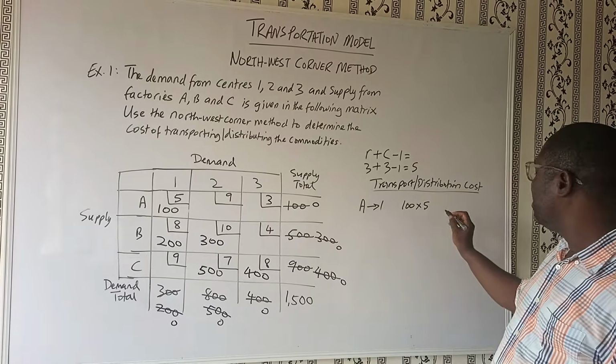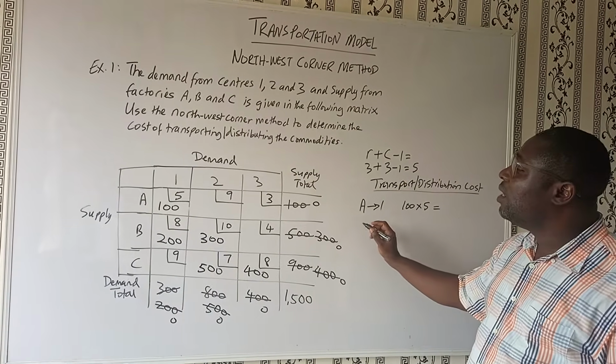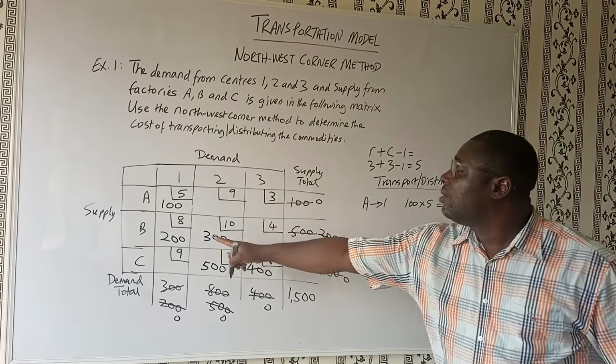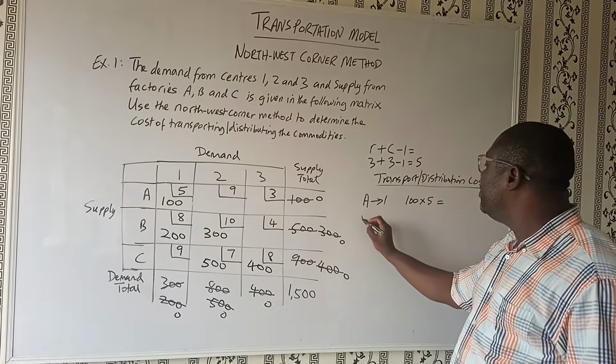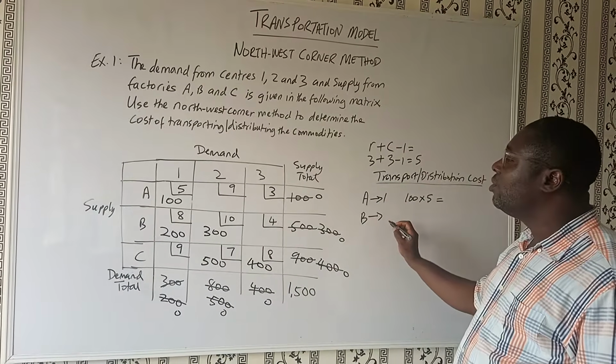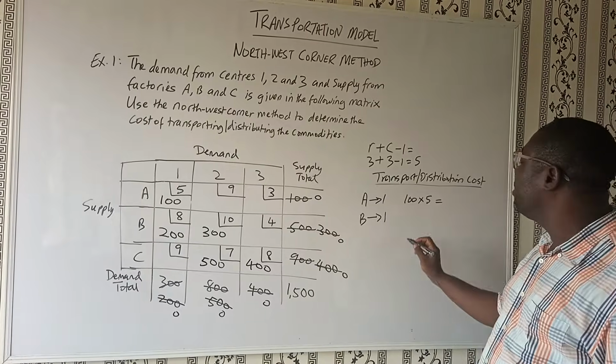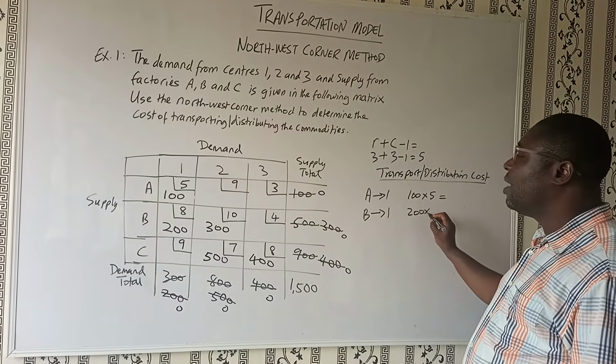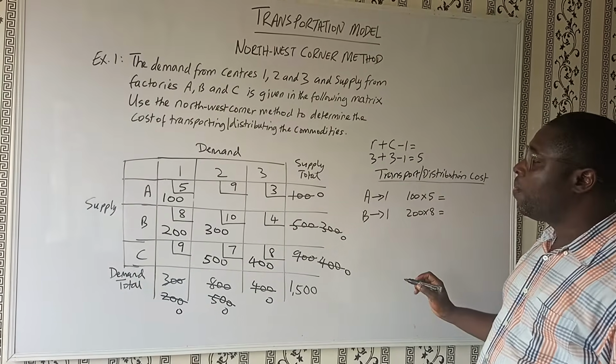In this case, we'll find the solution to this. Then we have this one, from factory B to center 1. That will be 200 times 8 naira.